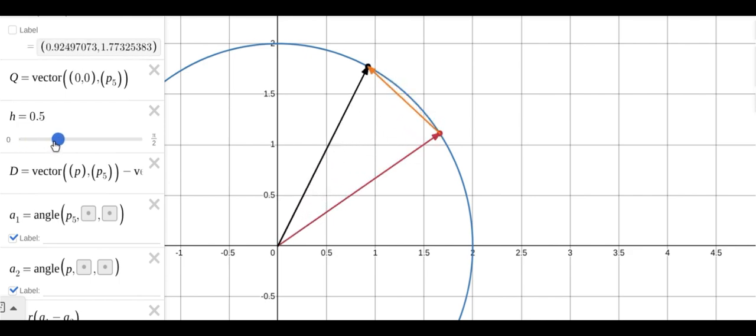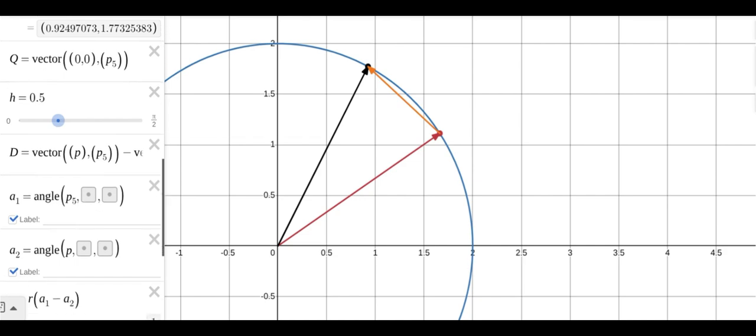Now, to finish that equation, we have the vector an increment away, we have the original vector, and we have the difference, which is the orange vector. Now we need this arc length. To calculate that arc length, we need this angle and that angle, because S equals delta theta times R. Remember that?